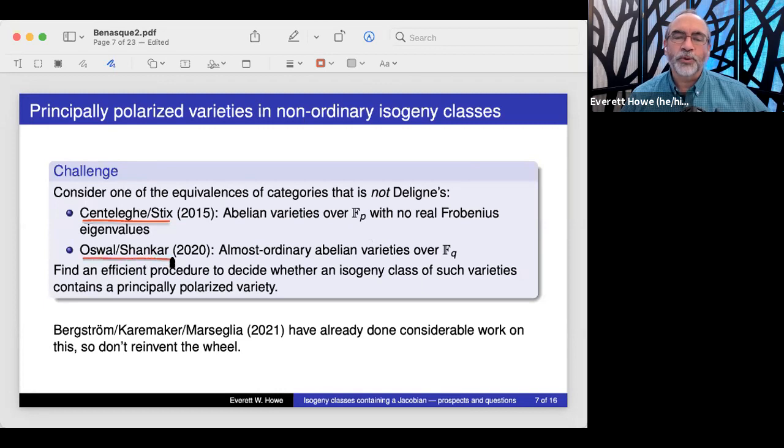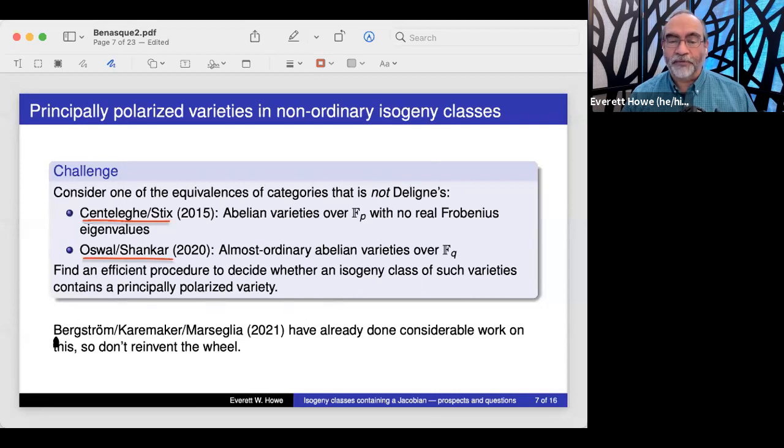And there's the Oswal-Shankar equivalence that involves almost ordinary abelian varieties over F_q. Those are two things that are analogous to Deligne's equivalence. So can you find an efficient procedure to decide whether an isogeny class of such varieties contains a principally polarized abelian variety?